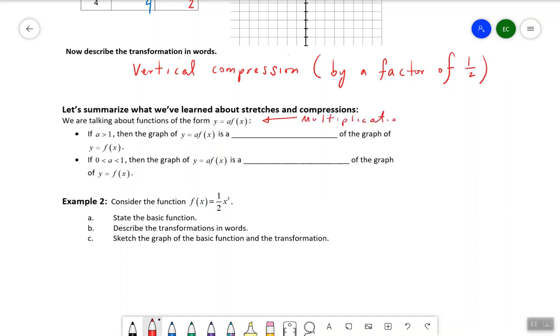And so you know already that outside the basic function means that the transformation is vertical, and multiplication, we just learned, produces a stretch or a compression.